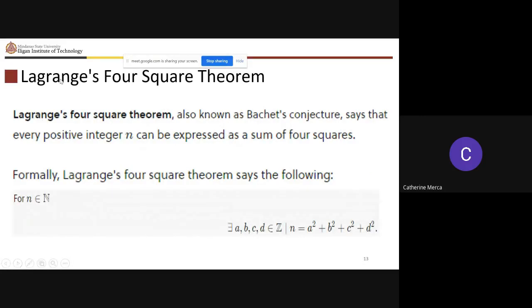We call this the Lagrange four-square theorem, or sometimes Bachet's conjecture. Formally, Lagrange says that for all n element of the natural numbers, there exist a, b, c, d element of z such that n is a sum of four squares.